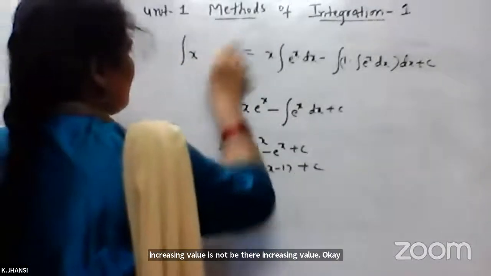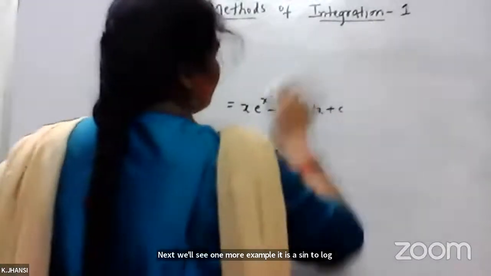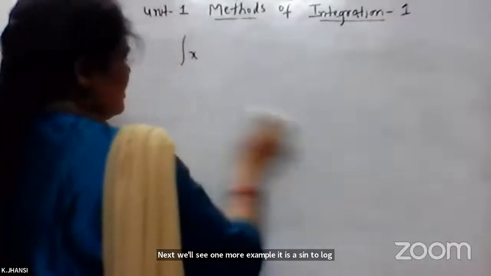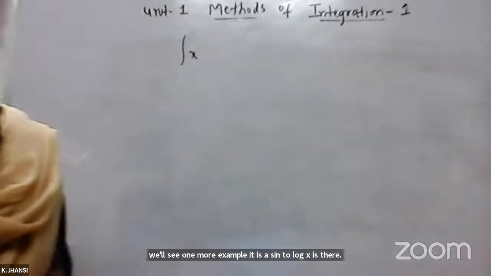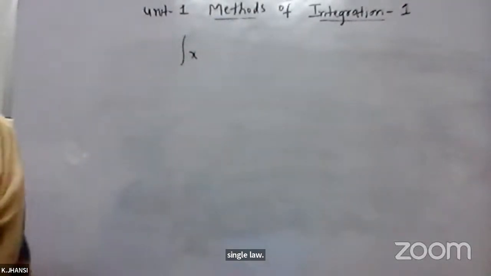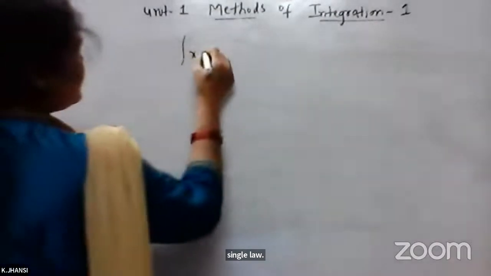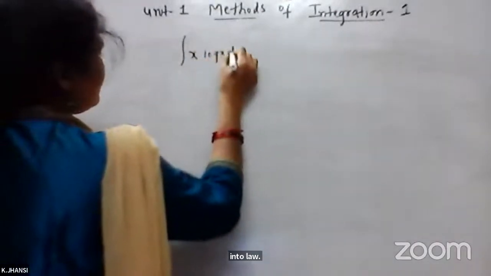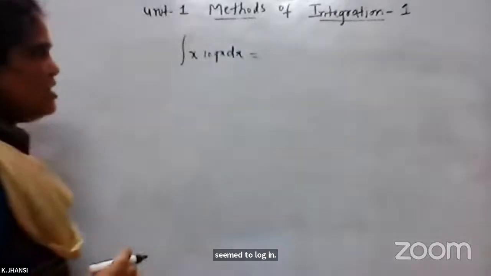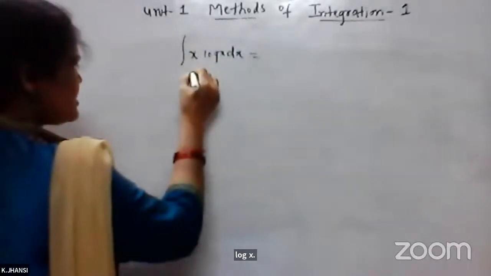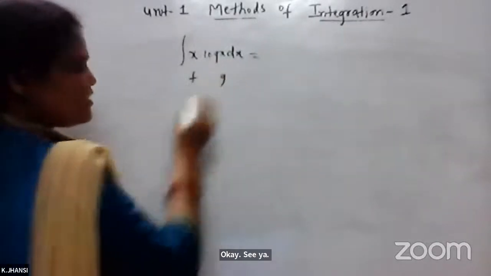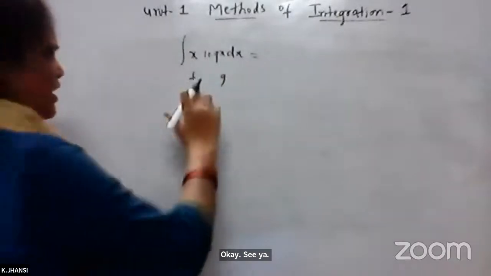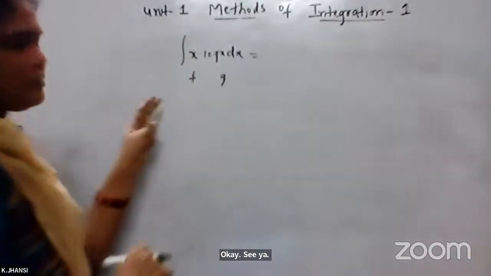It is x into log x. Integration of x into log x into dx. Okay. See here, if you take this as f and this as g, what will happen is f will be decreasing.